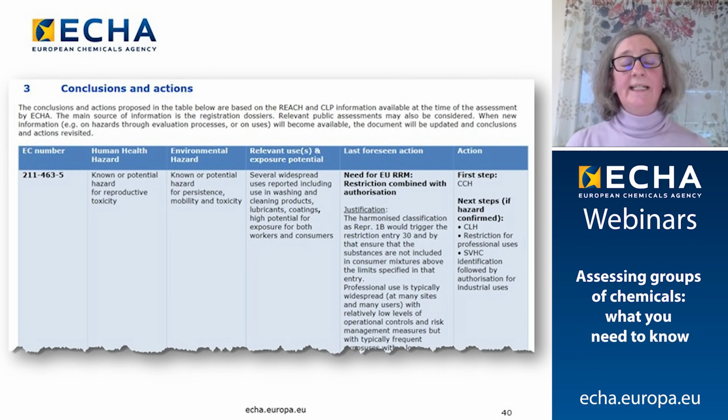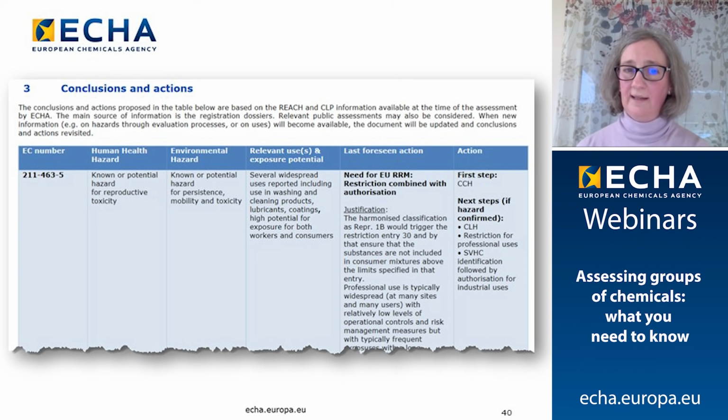Then finally, all this will be summarized in a table that you can find under section 3, conclusion and action. So there you will find for each individual substance what we have considered as human health and environmental hazard, what are relevant use and exposure potential, the last foreseen action, a short summary of the justification that we have explained already before in section 2, and then clearly listed the different action we foresee.